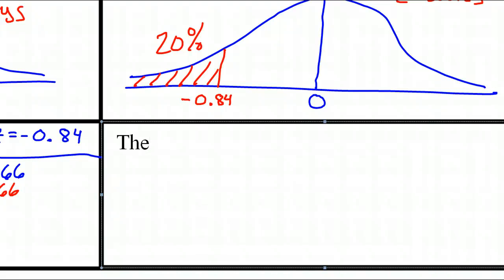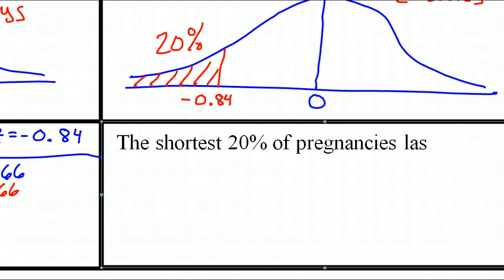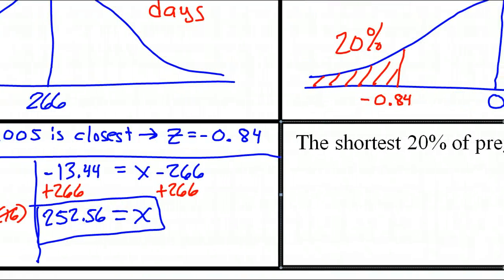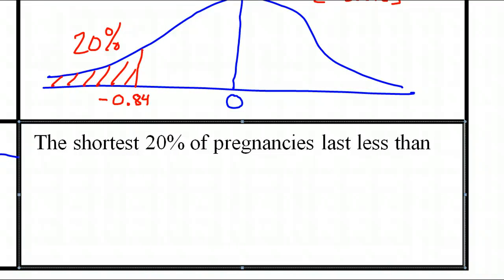So you can say the shortest 20% of pregnancies last less than, and let's see, what did we decide? 252.56 days. And that's the end of that problem.